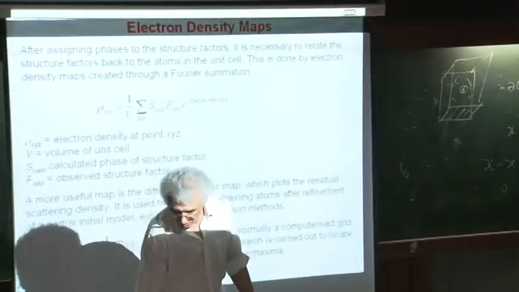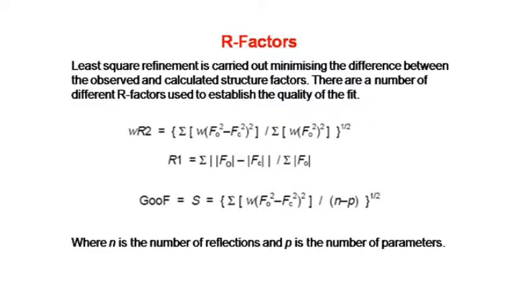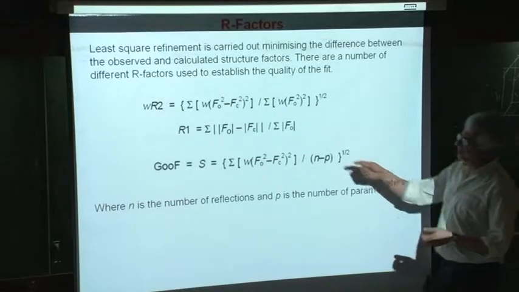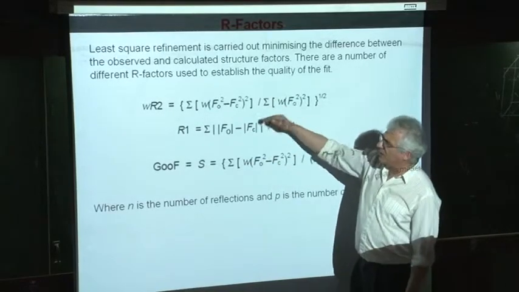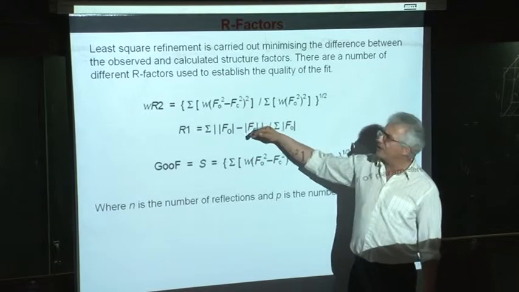How do we tell how good it is? Well, we have things called R factors or residuals. Remember that this is a least squares procedure. So least squares works with a residual sum of squares. It's looking at the difference between the observed and calculated. And there are various ones that are used as standards.